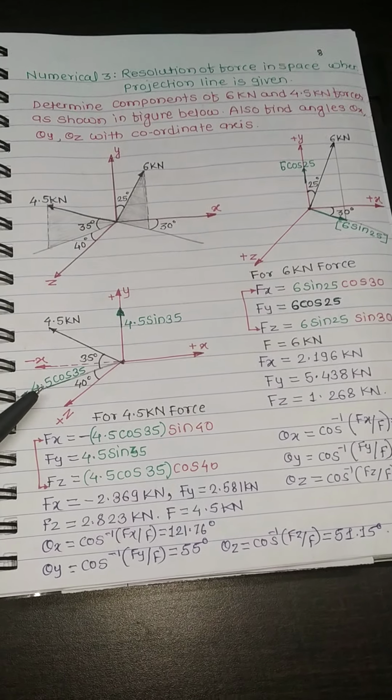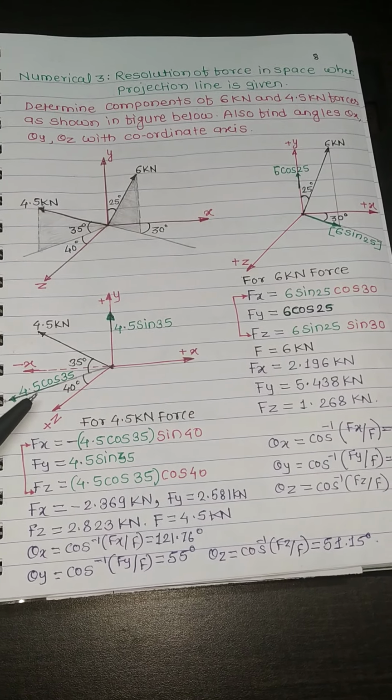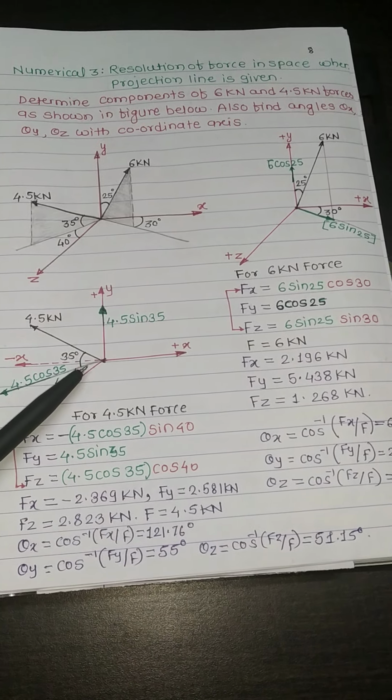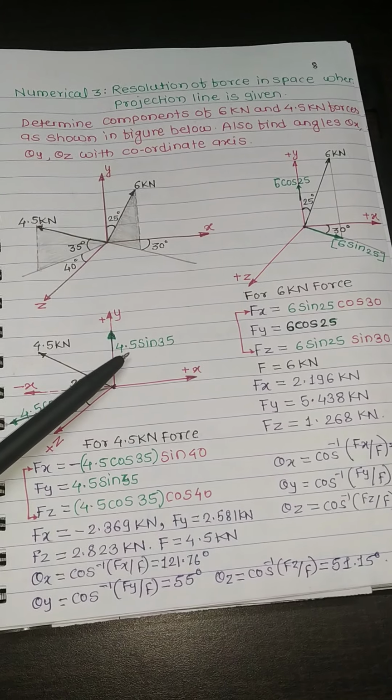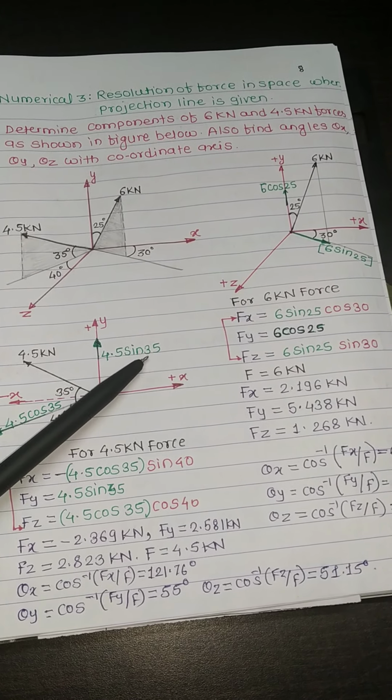The projection line has the angle, therefore it will be 4.5 cos 35, and for the y-axis it becomes 4.5 sin 35.